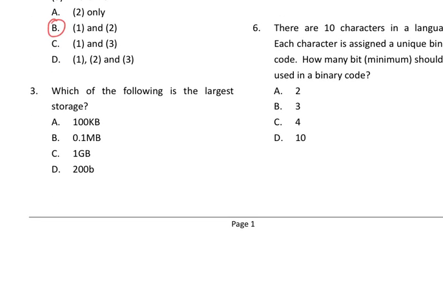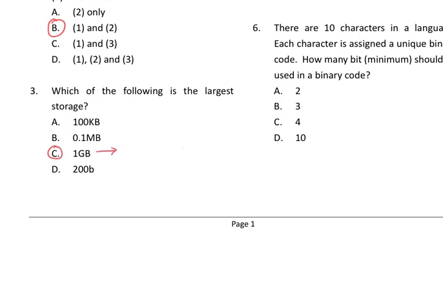And then we go to question 3. Which of the following is the largest storage? The easiest way is to convert them to the same unit. So maybe we can say that there is a 1 gigabyte.